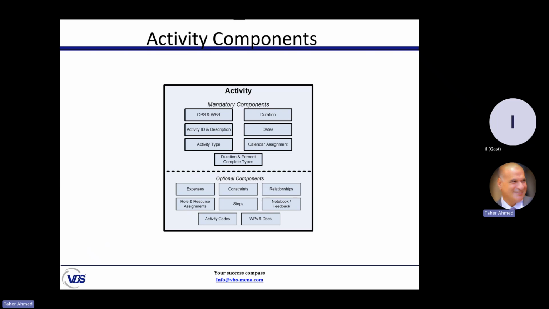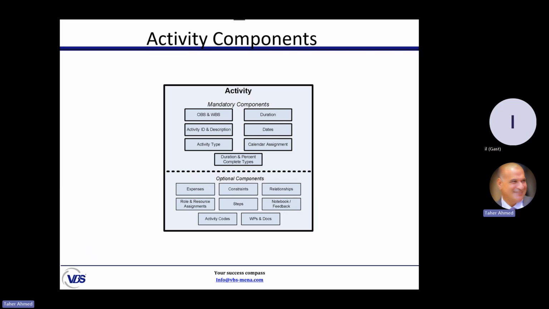When we say that we will add an activity in Primavera, we need some information. Some of it is mandatory. We cannot create an activity without this information. Like what? First of all, this activity belongs to which work breakdown structure, to which package. We need to know the duration of each activity.